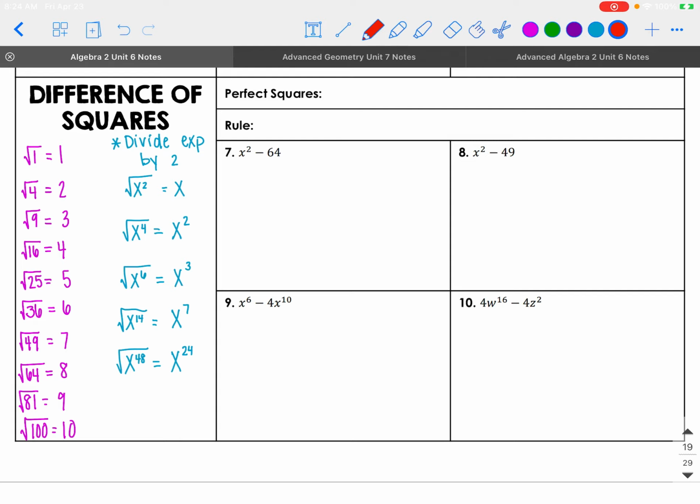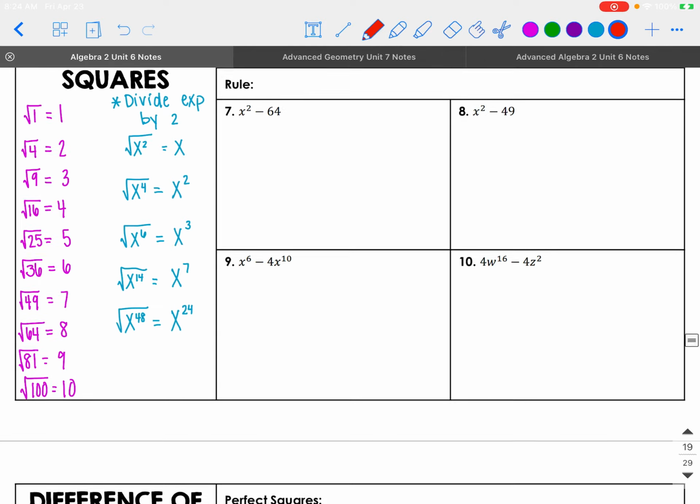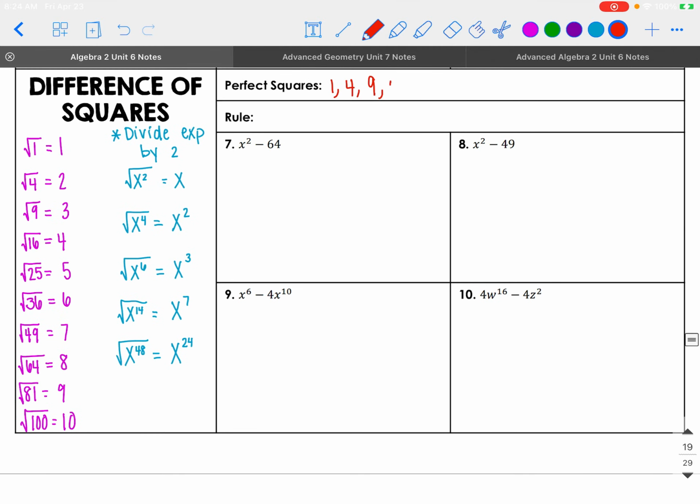So up here, let's just list those perfect squares: 1, 4, 9, 16, 25, 36, 49, 64, 81, 100, and if we keep going, 121, 144.